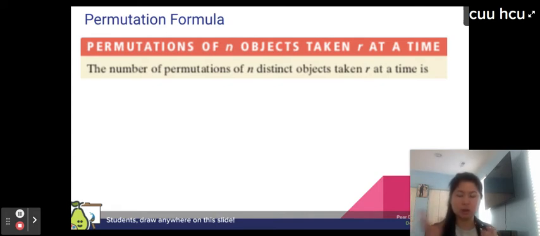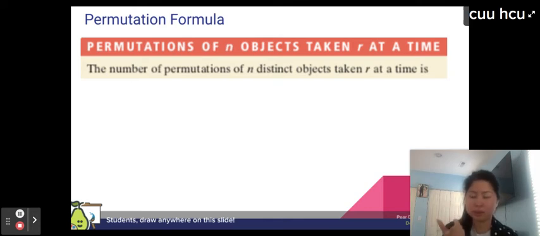N is the total, r is how many we take at a time. And this is a formula that I want you to jot down. It's going to be n factorial over n minus r factorial. So we're going to use this. Make sure you jot this down on a piece of paper right now, or take a picture with your cell phone if that's faster for you.